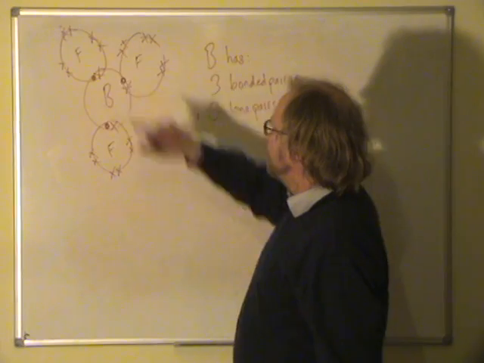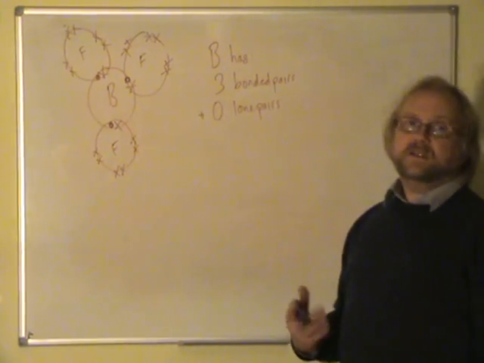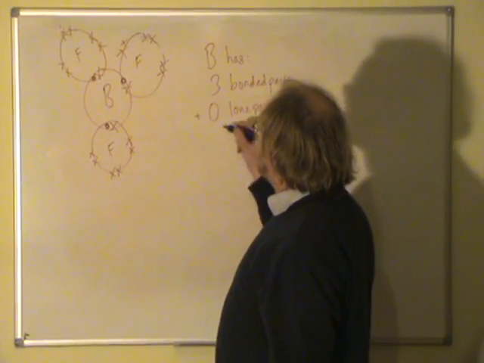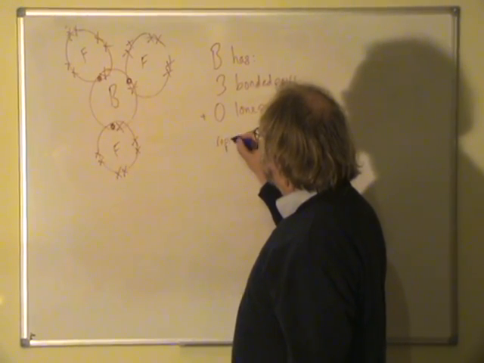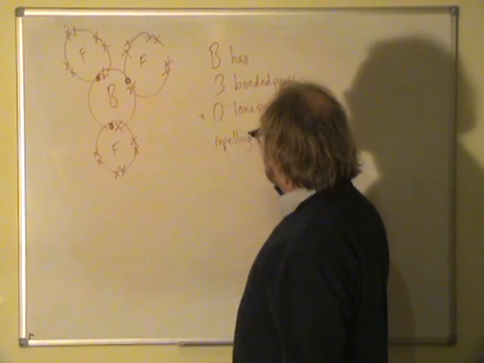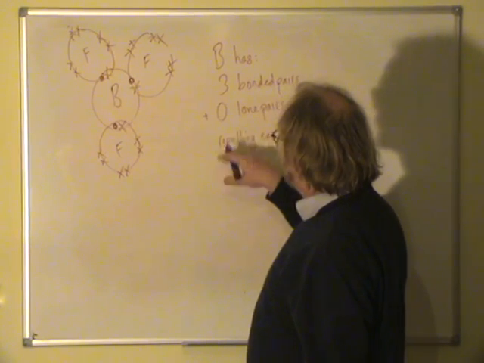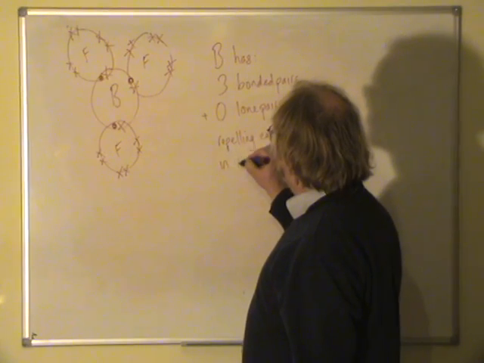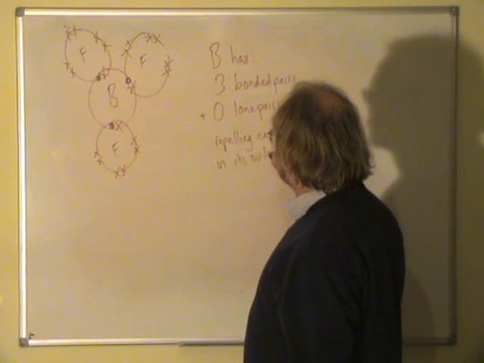Okay, so that's just looking at what you've got in the outer shell, and you've got to explain what the point about that is. So those electron pairs are repelling each other, because that, remember, is what determines the shape. Electron pair repulsion, repelling each other in its outer shell.